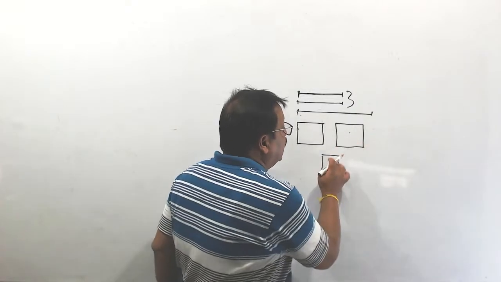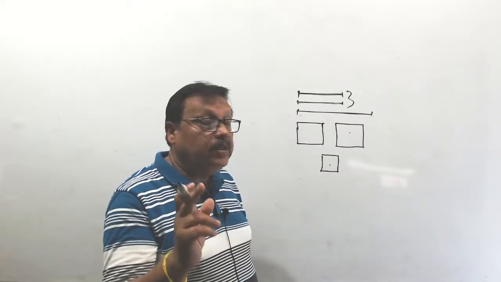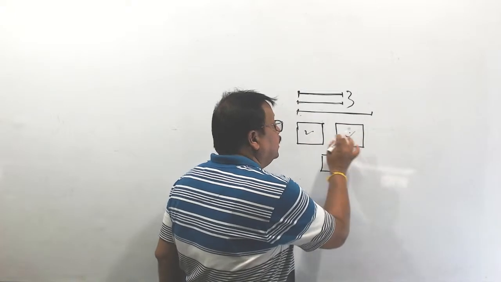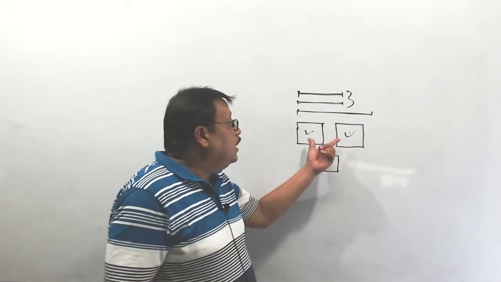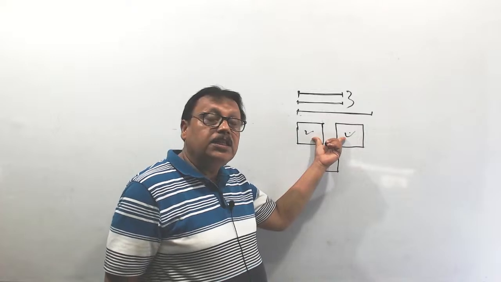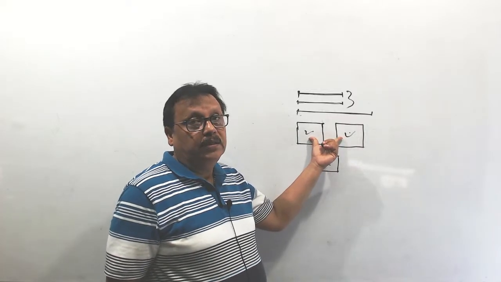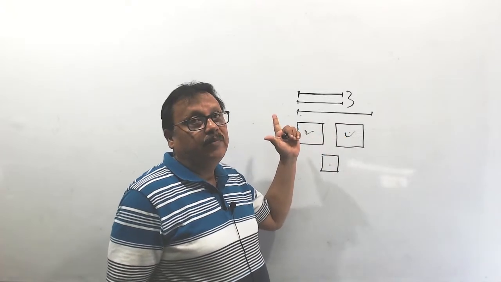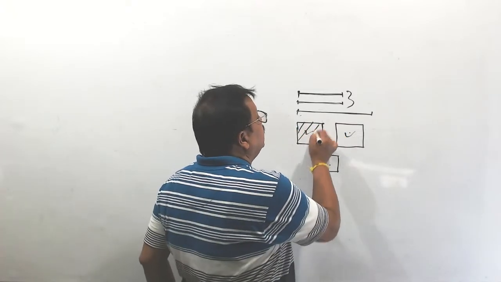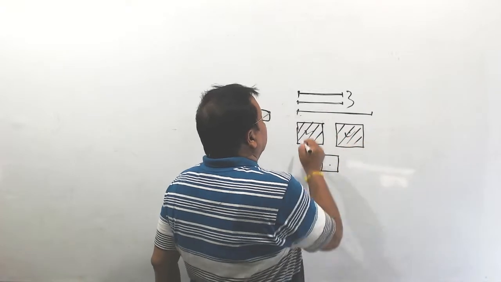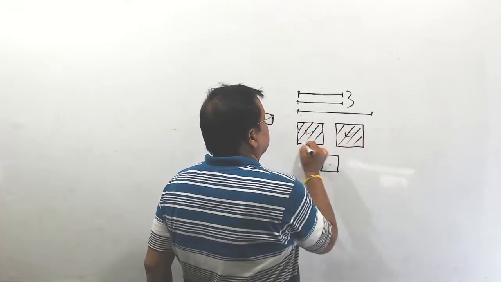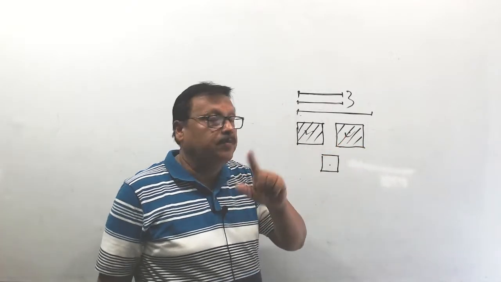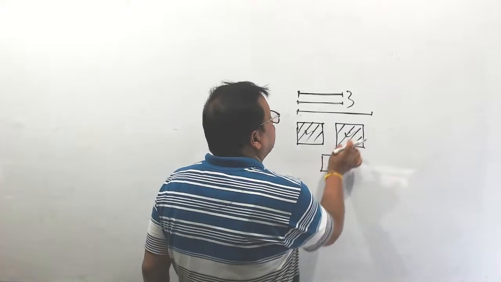So mathematically they are not congruent, but these two squares are congruent. They are same in every point, in shape and size. That is, their area also will be equal. Every point means here corresponding points. I'm coming step by step. But this shape and this shape are not congruent.